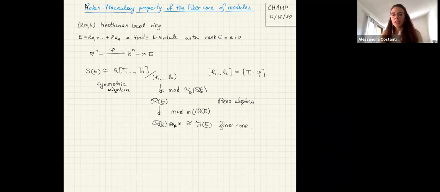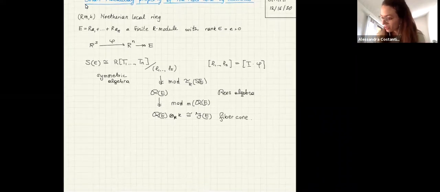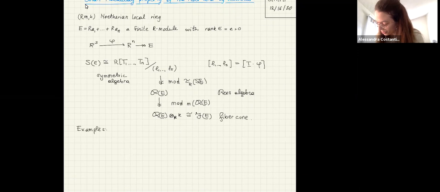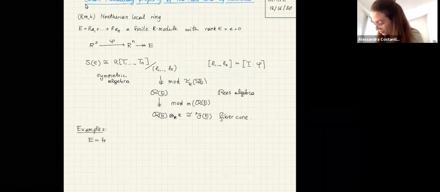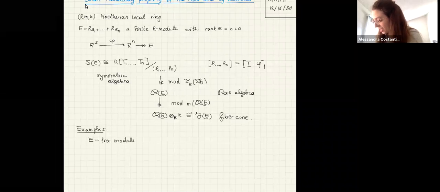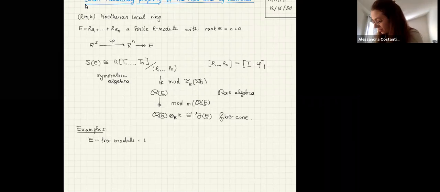Okay. So before I lose everybody here, let me just give some very easy examples. Of course, the first very trivial example is that you pick E to be a free module, say R to the n.